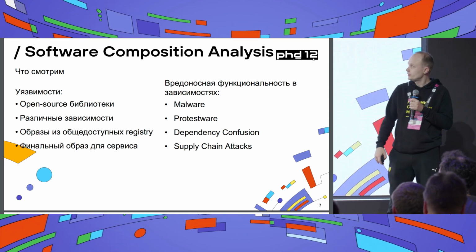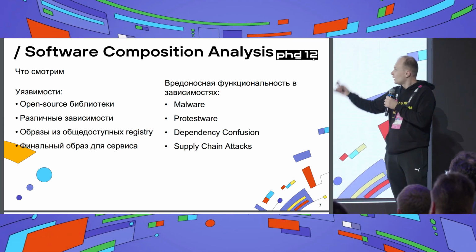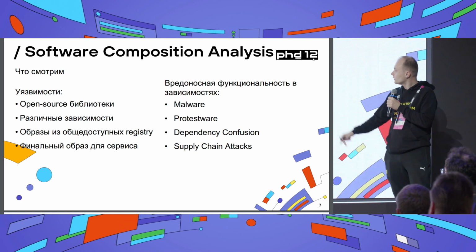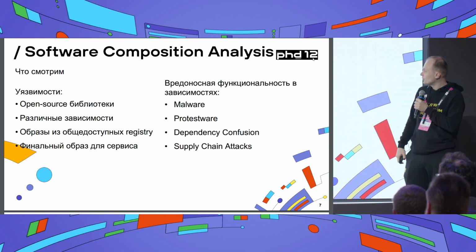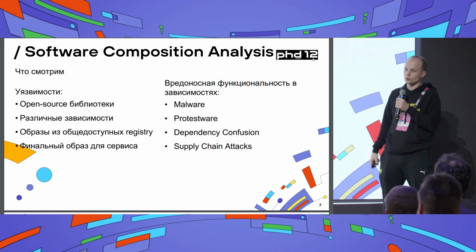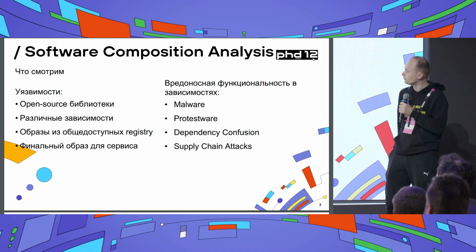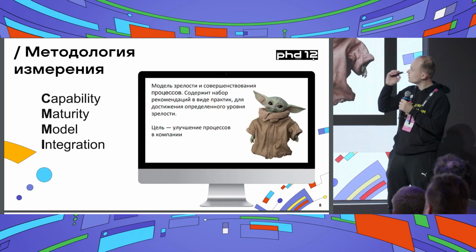After February 24 last year, you had a lot of protestware, a lot of malware, then dependency confusion, and a lot of supply chain attacks.